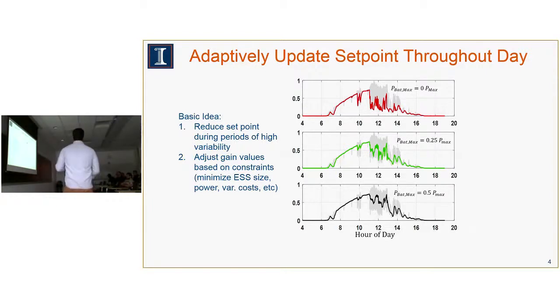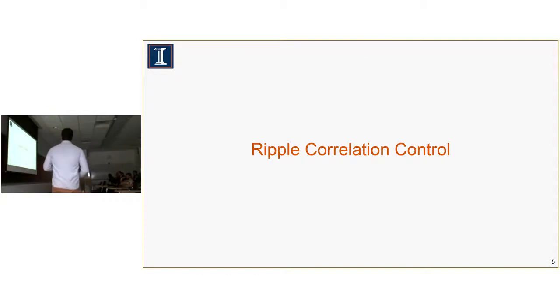If you don't have any battery, then you want to be really conservative with your set point and track the bottom envelope, whereas if you do have storage, you can track the middle or be more aggressive. You'd have to run the numbers to see which one is optimal, because it depends on how much the storage system costs. But once you have the set point, then you have that additional degree of freedom. So that's the background. Now we're looking at ways to actually implement a set point algorithm.